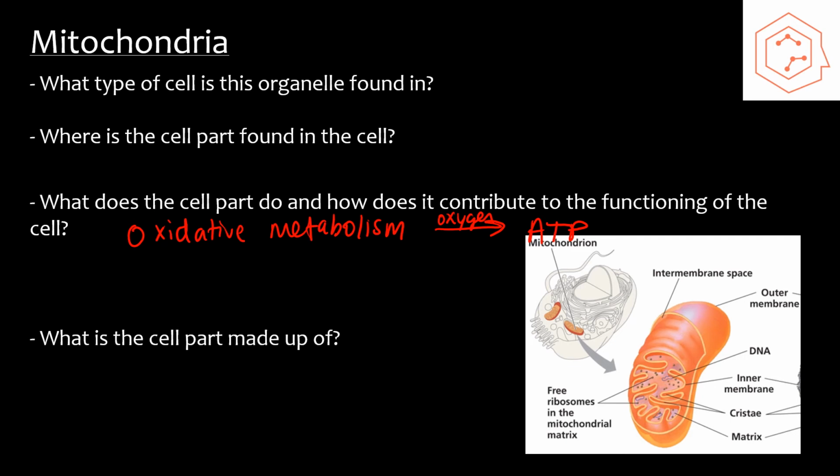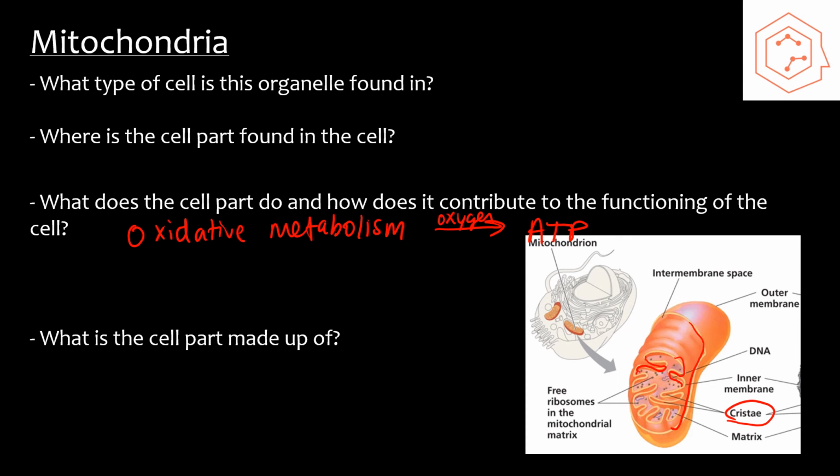The cell part consists of a double membrane. We see one membrane here, and then a second membrane over here. The outer membrane is very smooth, but the inner membrane folds into these little folds called cristae. The reason they're folded into cristae is to increase surface area.